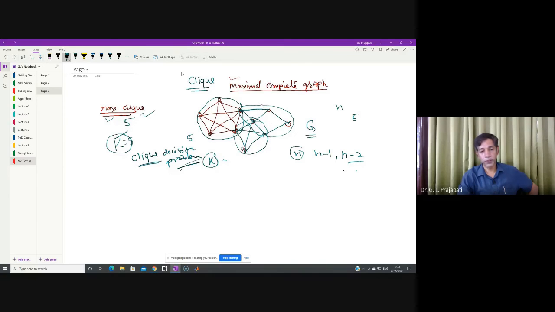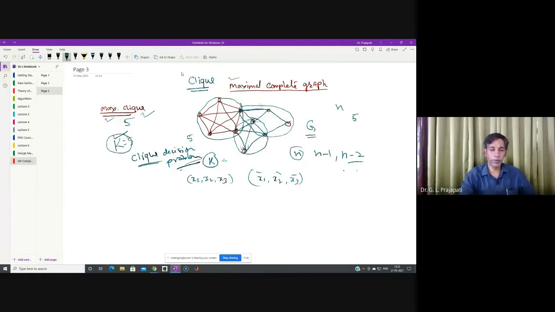So if you have some Boolean variables like, say, x1, x2, and x3, and you have x1 bar, x2 bar, x3 bar.